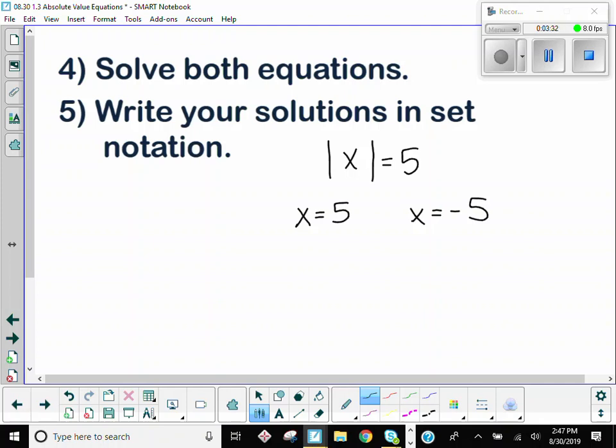It's a distance, right? And so when we move into equations, then that's still what you're asking yourself. Whatever is inside here, how far is it from 0? 5 is 5 places away. Negative 5 is also 5 places away. And so this whole thing is the basis for the rest of our lesson today. What we'll be doing is taking an equation like this, making a positive version of it, and a negative version of it.